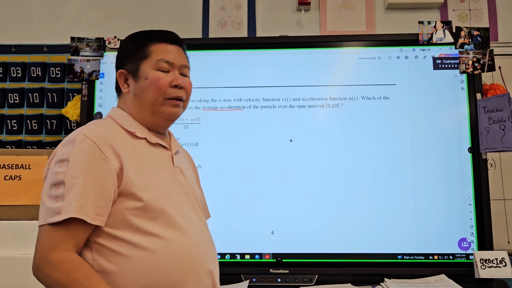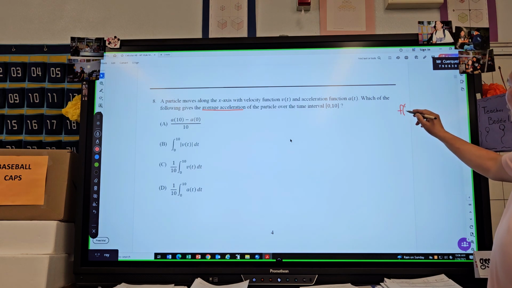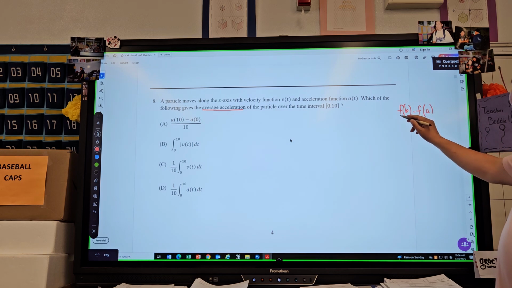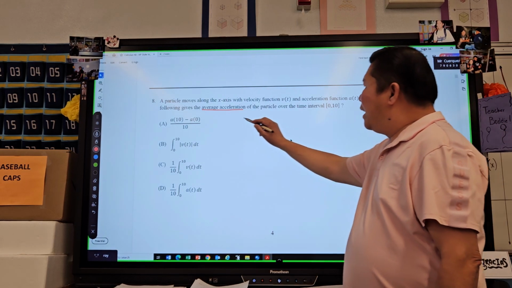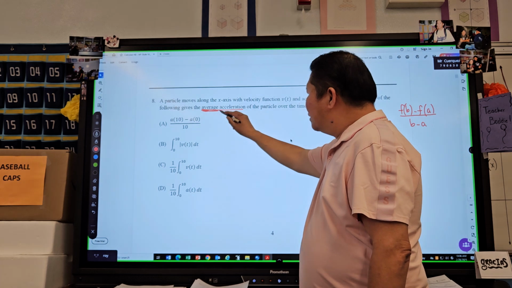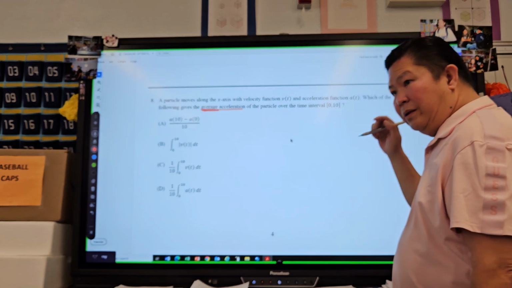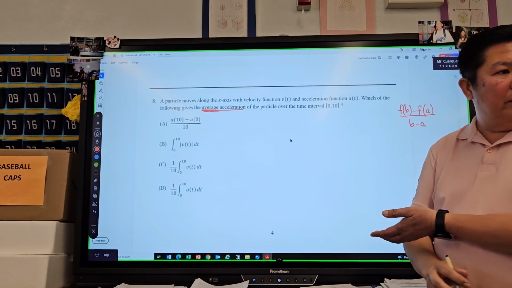Or simply, what we learned last time was just f(b) minus f(a) over b minus a, right? Since the word is average, what comes to your mind is the antiderivative.